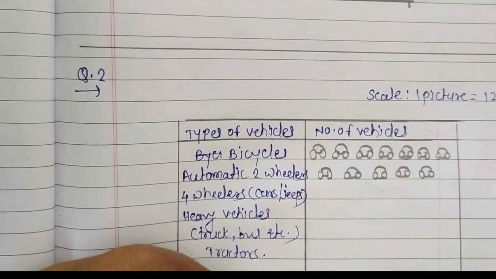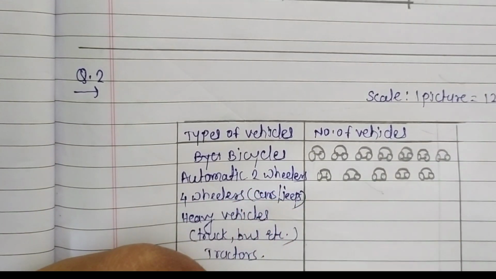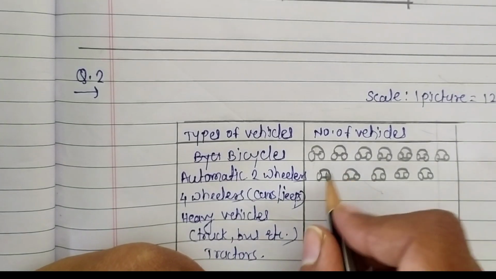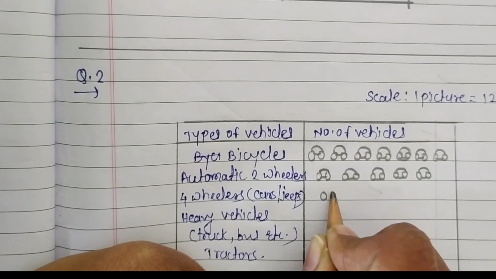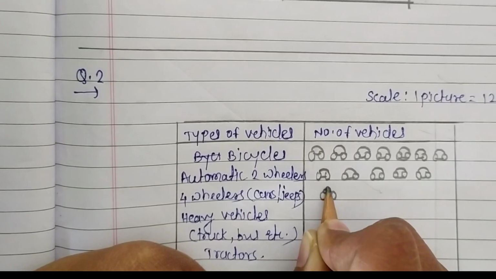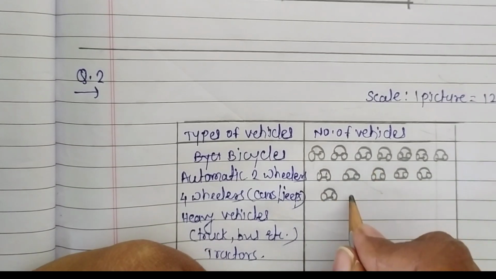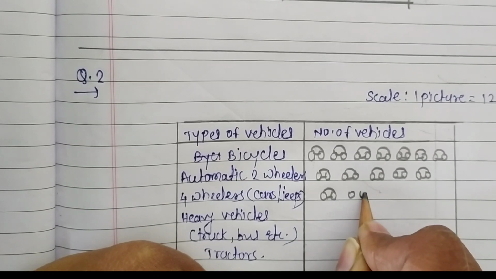Now four-wheelers, that are cars and jeeps, we have to draw 2 pictures for it. Let's draw here 2 pictures. 1 and next one is 2.